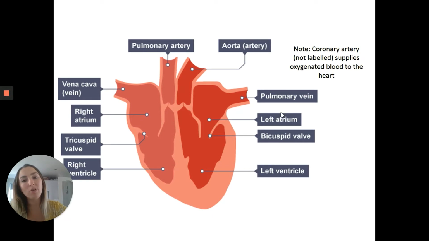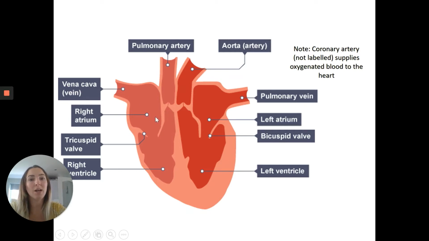So the final thing that I want you to look at is the muscle tissue of the heart. So on our side over here, it's quite thin compared to this side over here, which is quite thick. Now, the right side of the heart, okay, the deoxygenated blood, is just coming into the heart and being pumped to the lungs.